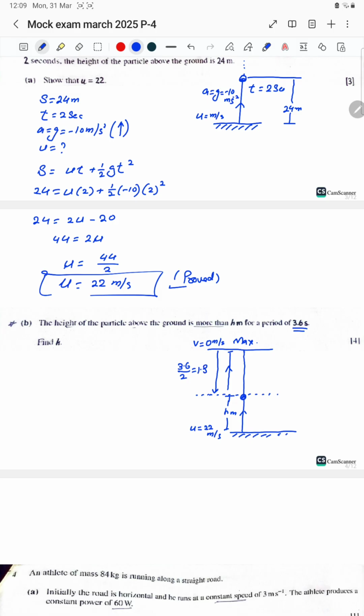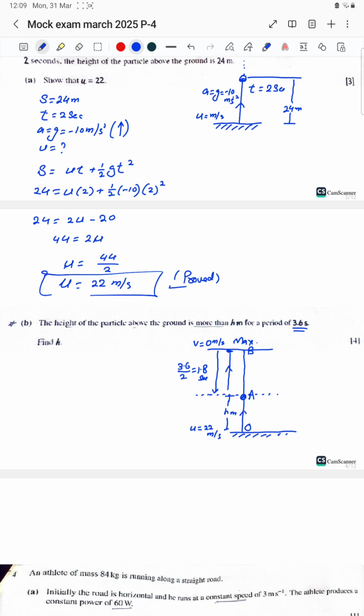So 1.8 seconds is the time this particle takes to reach the maximum height and then come back to this position. Say this is O, this is A, and this is B, right? 1.8 seconds from A to B, and then B to A, the same time it will take.